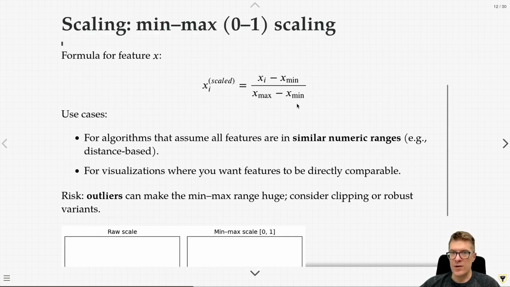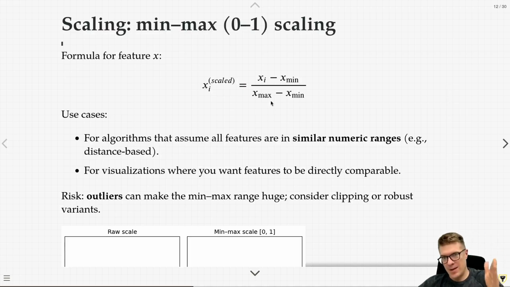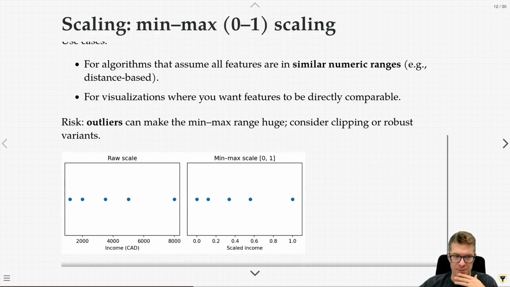So if a new data point is bigger than the previous maximum, this is kind of cheating a little bit, but you can pretend that the value is whatever the previous maximum was. So you'd clip at the previous maximum. I think there are probably smarter ways you could go about doing that. You might want to think of different alternatives on your own, but you understand the overall idea of what we're trying to accomplish.